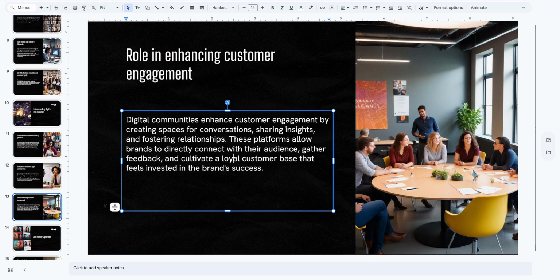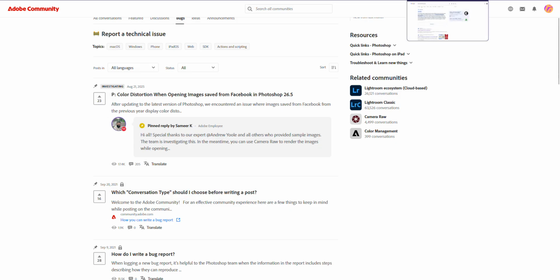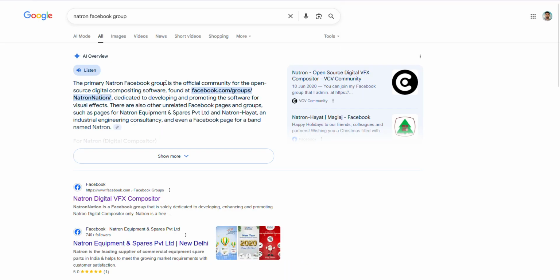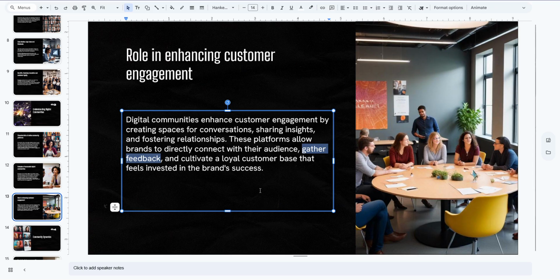For feedback, we also have the App Store and all those places for applications. These ecosystems also work. There's Reddit, there's Facebook groups, and other places like that, where we can do a lot of data mining. That's what the term is.